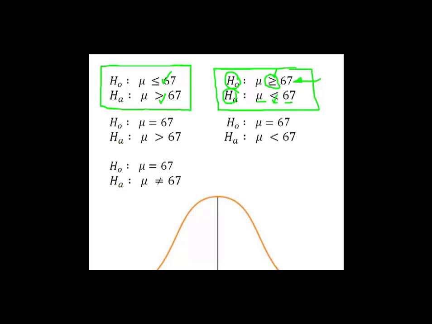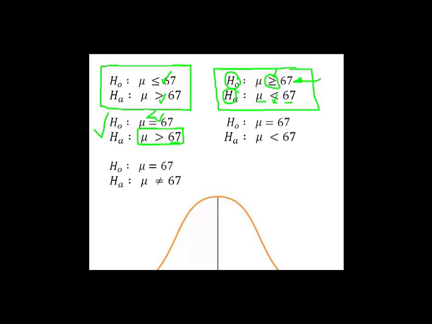So we know that they have to be comprehensive. If I look down here at the way that these are constructed, my alternative says the mean is everything that's greater than 67. Well, if that takes up everything that's greater than 67, then the only thing that's left up here is for it to be equal to, and what we know, even though it's not there, is less than.